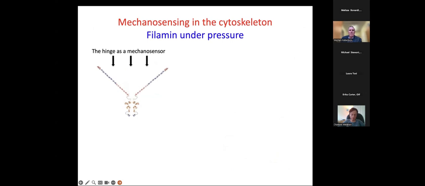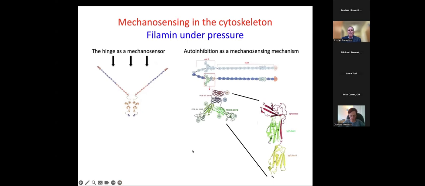A bit like that in a very physical way by flexing at the hinge, or by having this unfurling type process where in the distal part of the C terminus of the filamin rod, we have these tertiary structures of filamin rod domains, which fold and interact with one another and then unfurl under physical pressure.